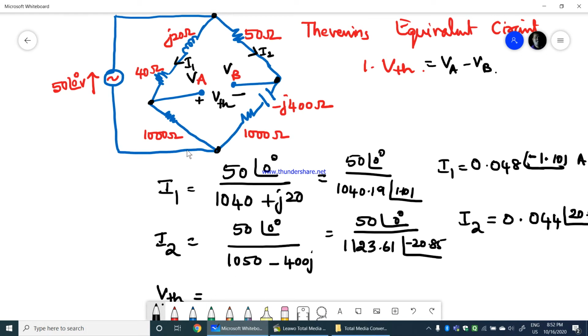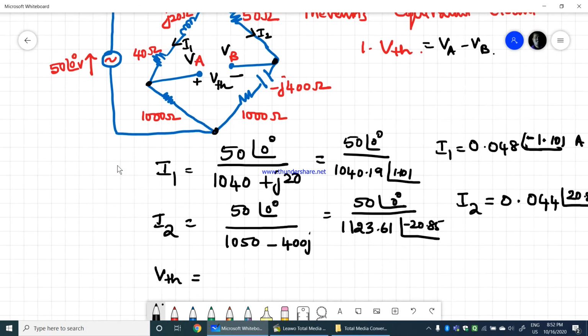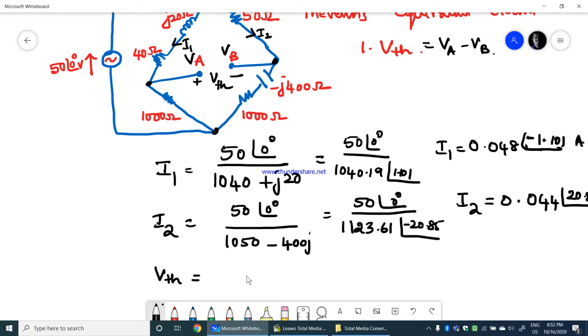So VA minus VB, which is E naught, would be equal to 50 into I2 minus 40 plus J20 into I1.